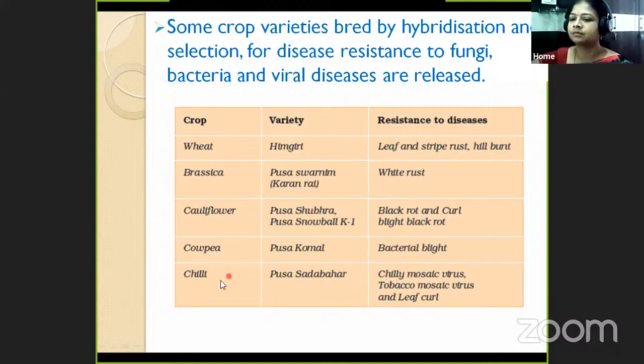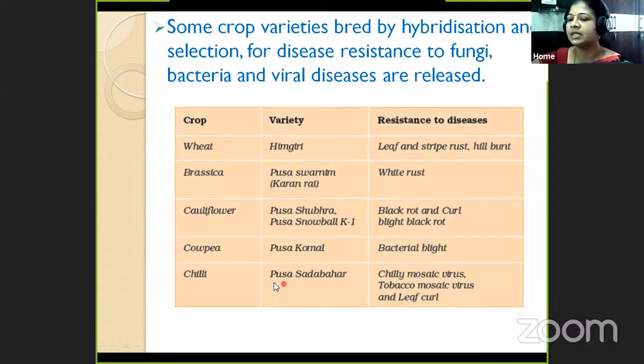Next, chili, green chili. Its scientific name is Capsicum frutescens. It belongs to the family Solanaceae. In chili, Pusa sadabahar is the new disease-resistant variety developed.